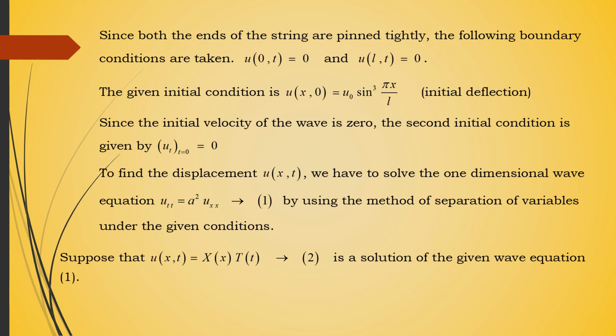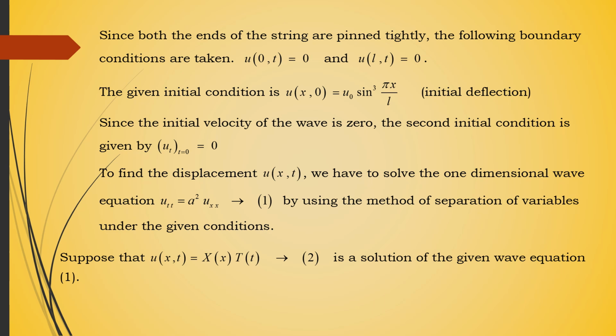For this purpose, we select a trial solution, that is u of x comma t equals capital X of x times capital T of small t. We suppose that u of x comma t equals capital X of x times capital T of t is a solution of the given one-dimensional wave equation.